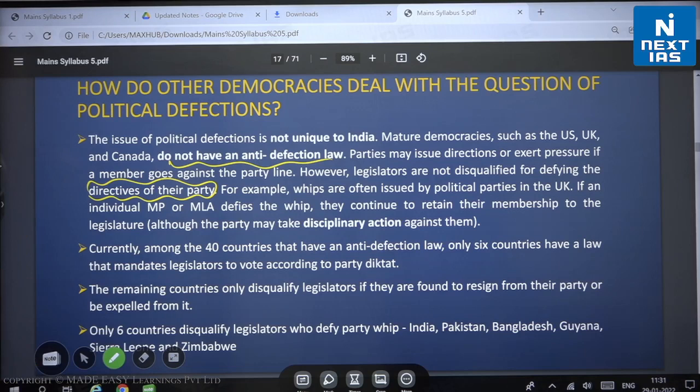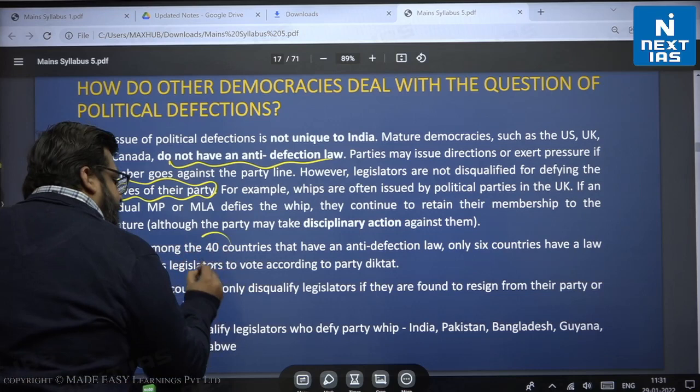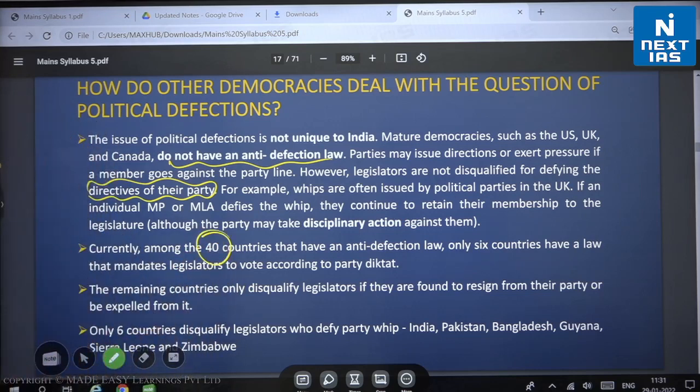Now you must understand that in the UK, if a whip has been issued and the MP has violated the whip, you will not throw the MP out of the UK Lok Sabha, which is called House of Commons or House of Representatives. आप उस पर disciplinary action लोगे.